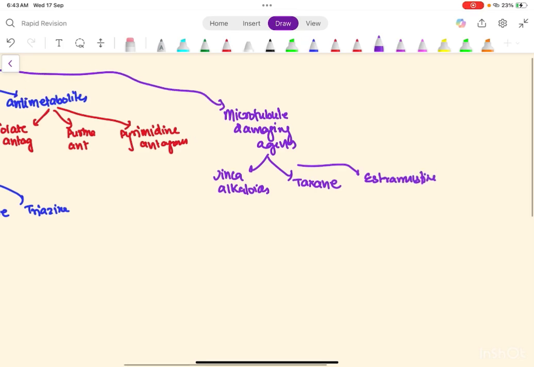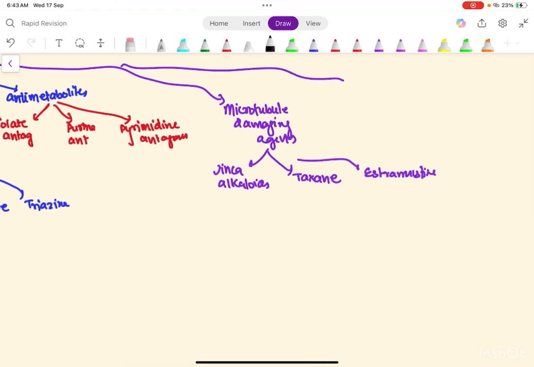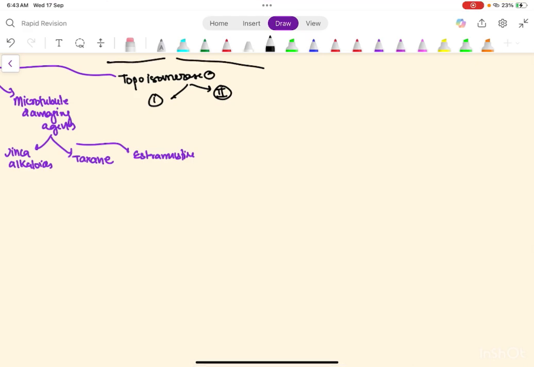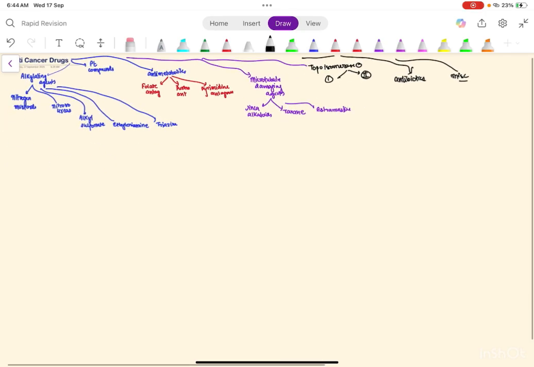Okay, then we have topoisomerase inhibitors. So you have one inhibitor and two inhibitors. Alright, and then further we have antibiotics, and then we have miscellaneous drugs. Alright, so this is the broad classification.